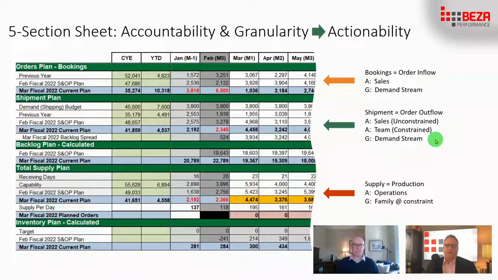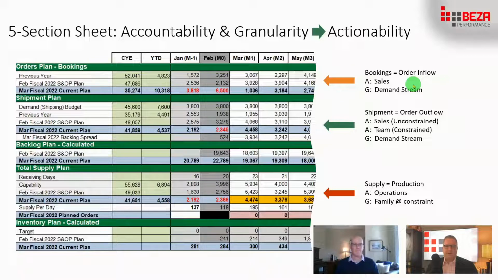Maybe I don't want to jump the gun, but I guess it's too late. When we talk about shipments, there really is one person responsible for the shipment plan. They don't put it together, but they authorize it, and that is the executive that owns sales and operations. So the sales team and the operations team are independently responsible for their component of the shipment plan, which would be the bookings turning into the unconstrained shipments, then being constrained, and then the same thing with operations on the supply side.